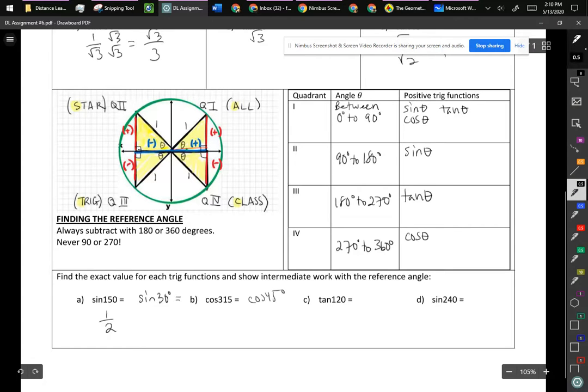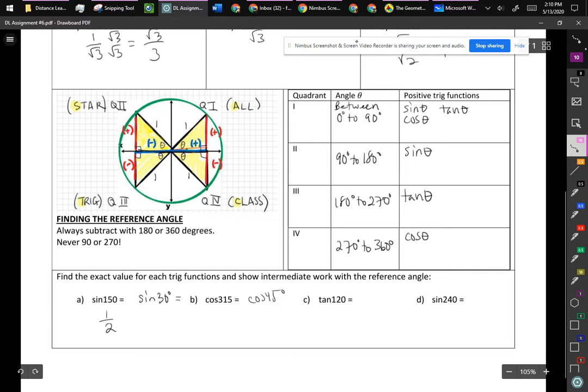And again, in cosine 315 degrees, I know that in quadrant 4, cosine is positive because, if you think about it, this is the triangle that I was working with originally when I didn't have to worry about anything being positive or negative.